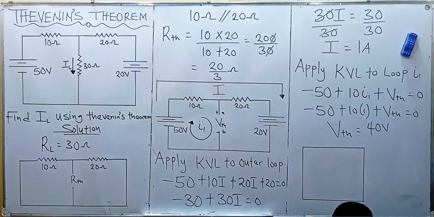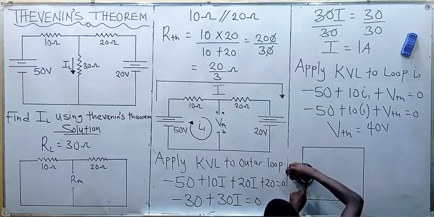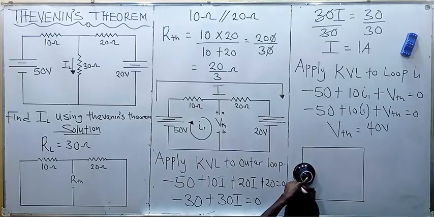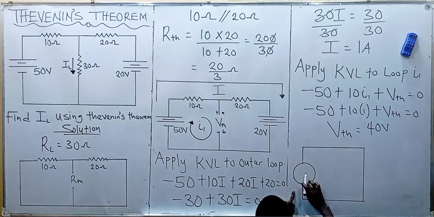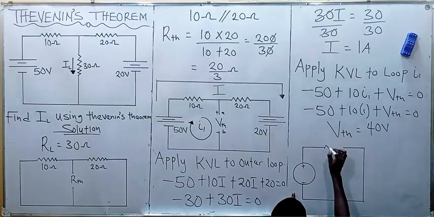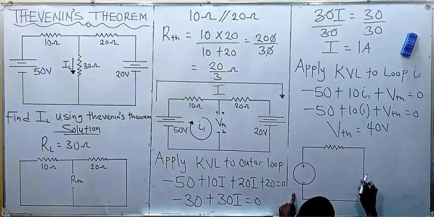So our Thevenin voltage will be in series with the Thevenin resistor. So this will be positive, this will be negative, then this will be our Thevenin resistor, and then this will be our load resistor.